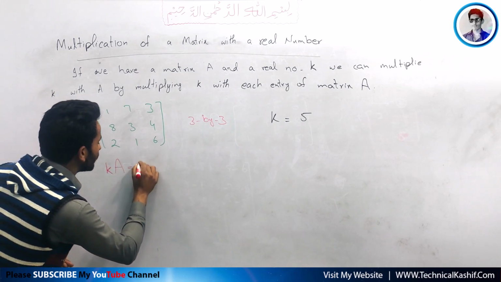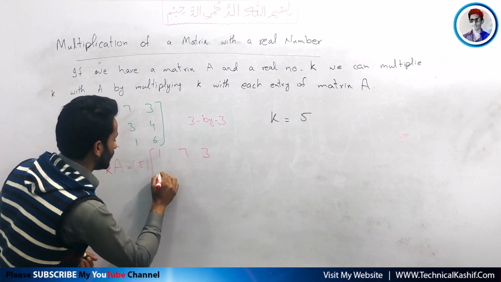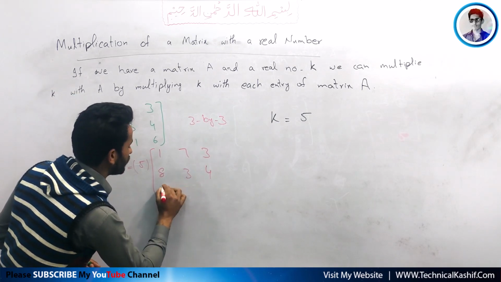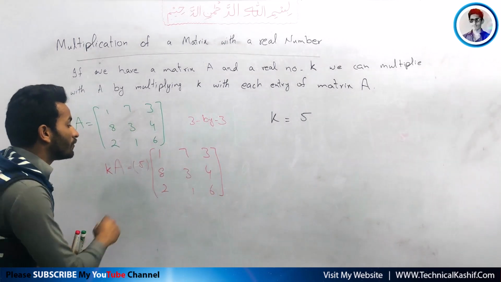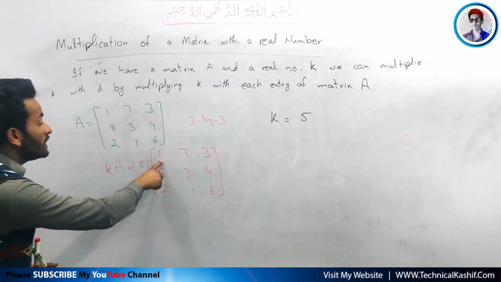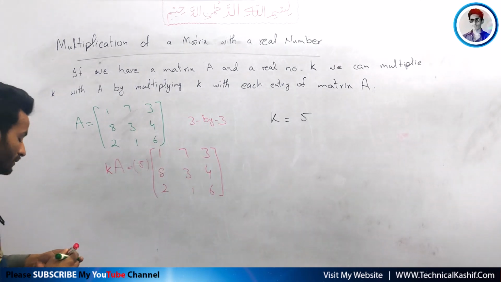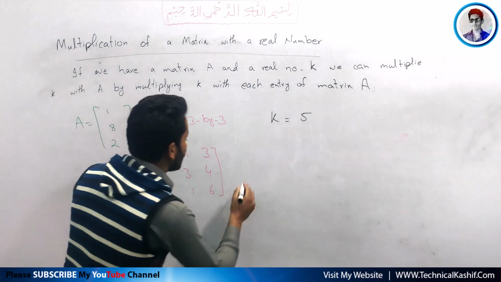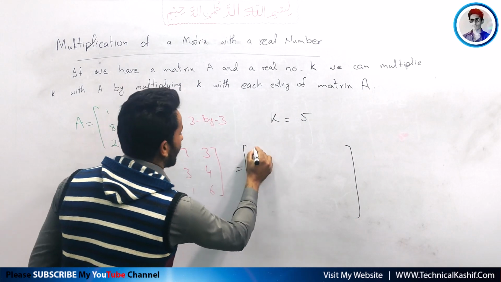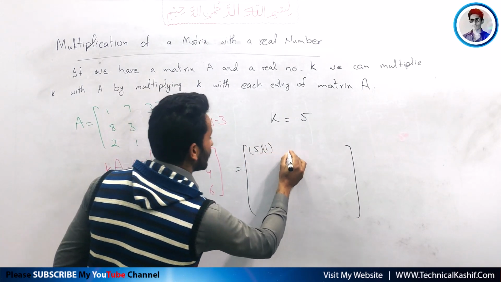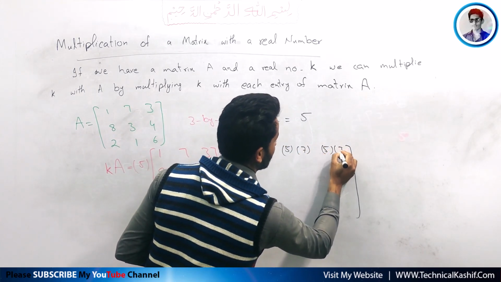So k, which is equal to 5, can be multiplied by the matrix 1 7 3, 8 3 4, 2 1 6. How can we multiply 5 with them? By multiplying 5 with each entry of matrix A, multiplying k with each entry of matrix A. Multiplying 5 initially with 1, then 5 with 7, 5 with 3.